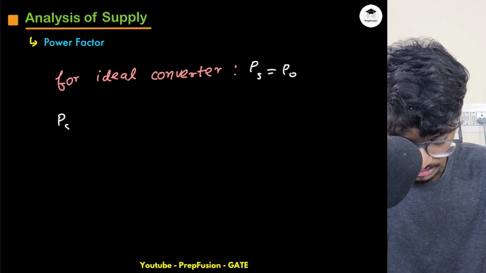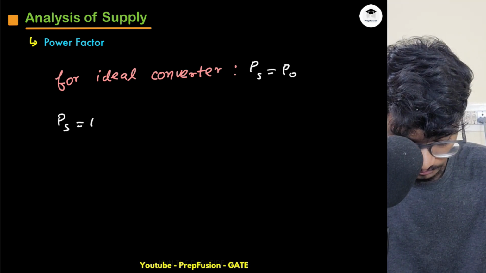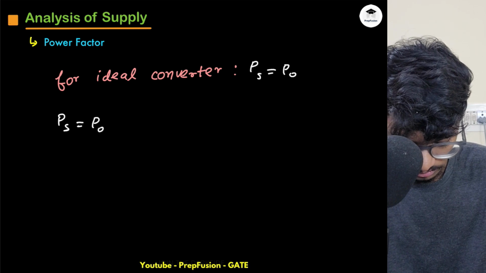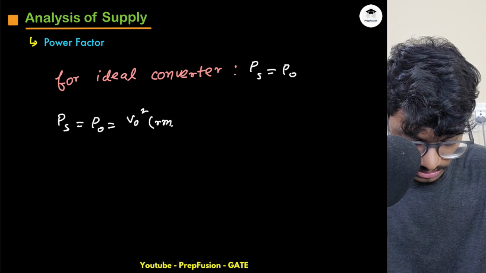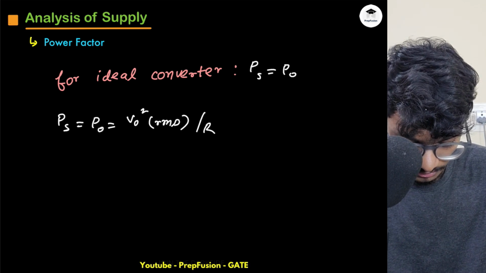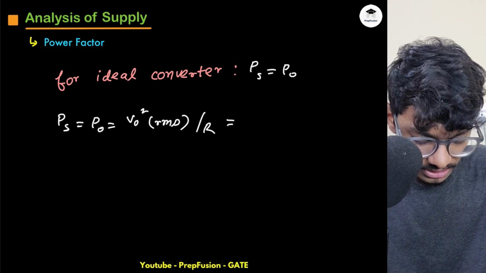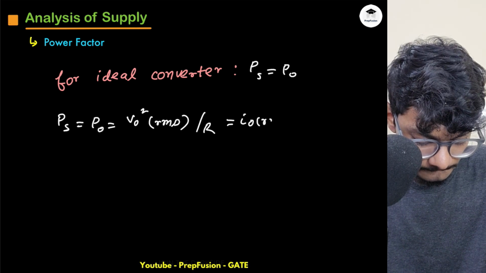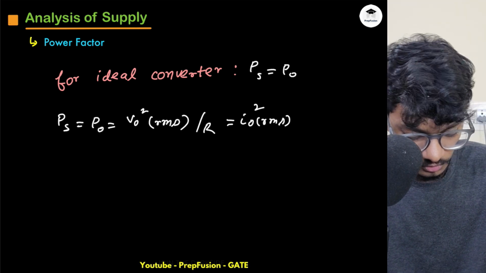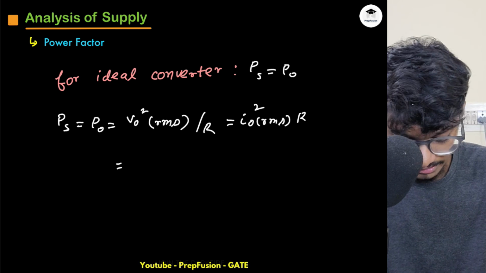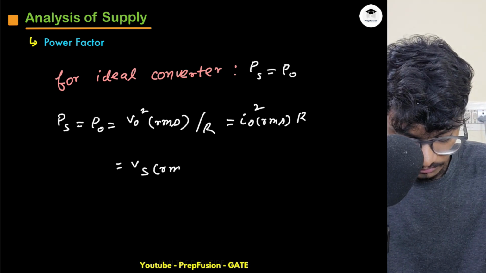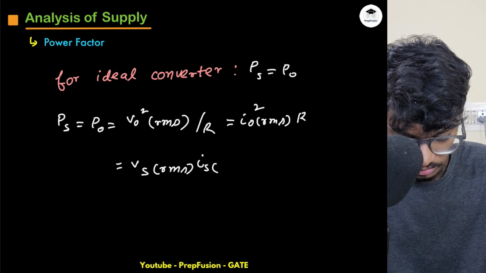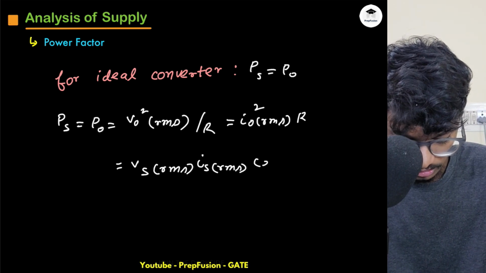Hence, what I can say is simply, I've already written it out, VORMS whole square by R, or I can write it as IORMS whole square into R, or I can write it as VSRMS into ISRMS into cos phi.